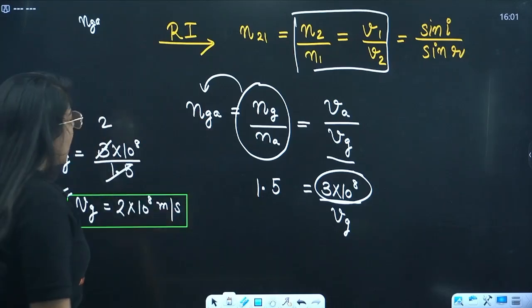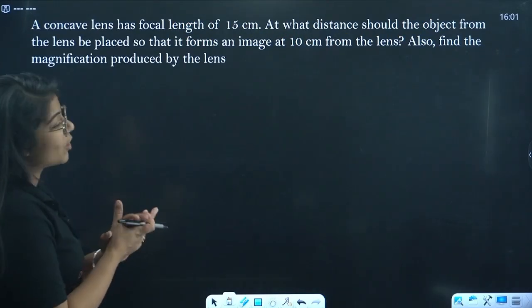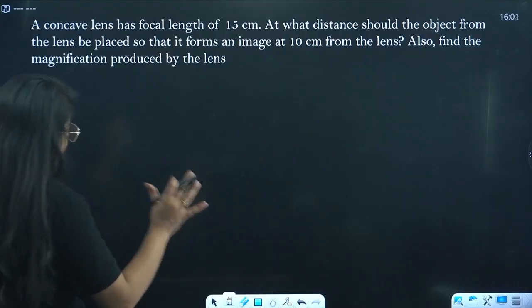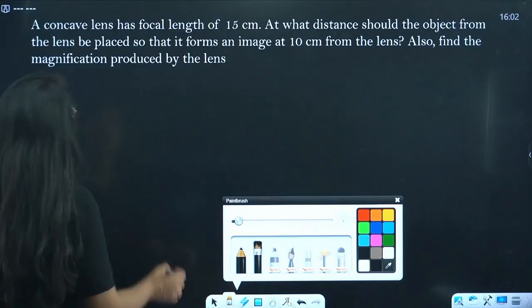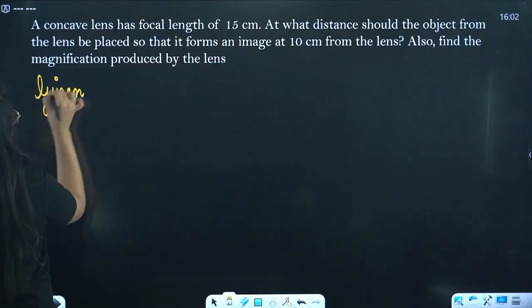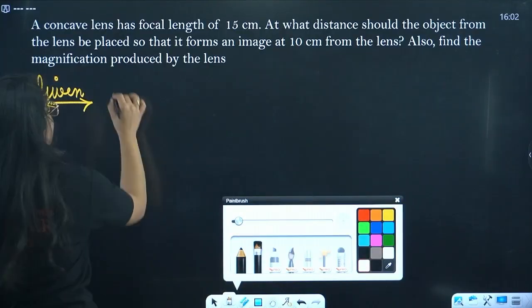Okay, great. Let's move on to the next question. We have a question on lenses. What is it? A concave lens. Again, we will follow the same pattern we followed a little while earlier in the case of mirrors. What is given? Ma'am, given is simply a concave lens.